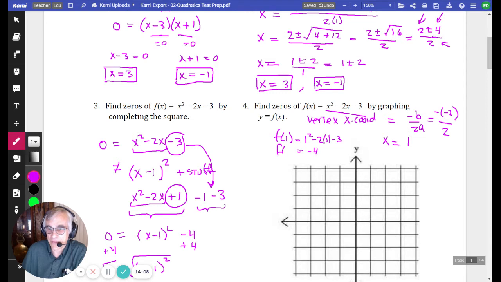So f of 1 equals negative 4. That means our vertex is at 1, negative 4. So I can go to my graph, and down here at 1, negative 4 is my vertex.